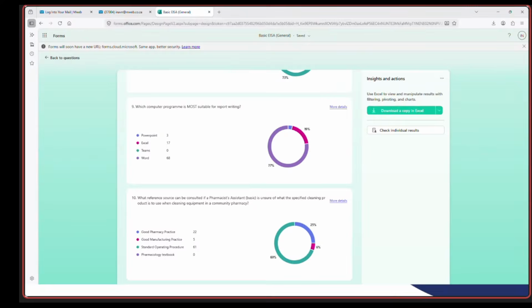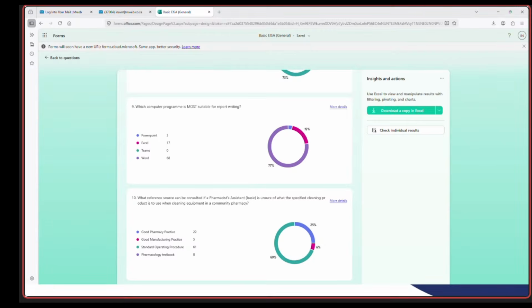Pharmacological textbook. I'm glad to see no one selected that one. That's more on APIs, and it's not on the cleanings as such. So the standard operating procedure is your correct answer. A standard operating procedure gives you a step-by-step method of how to do it.